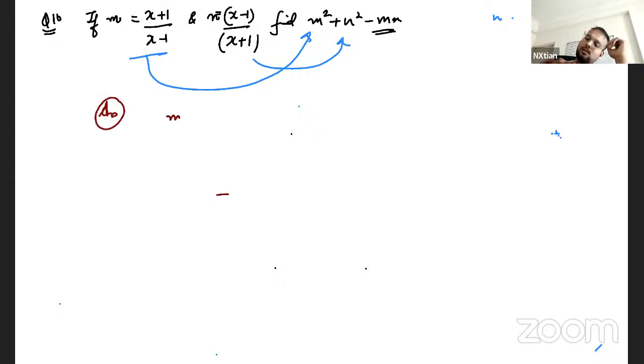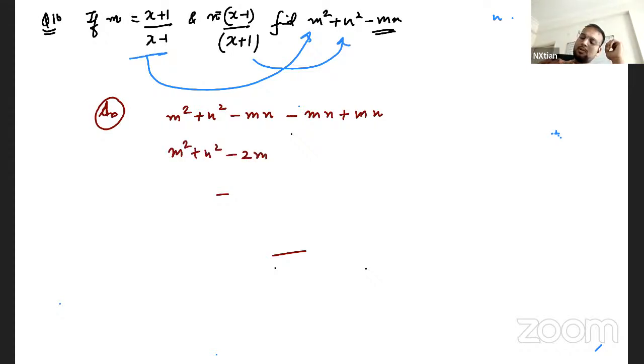See, m square plus n square minus mn is given, no? Now can I write minus mn plus mn? I'm adding a step. Now this will become m square plus n square minus 2mn plus mn. Now this will become m plus n whole square plus mn.